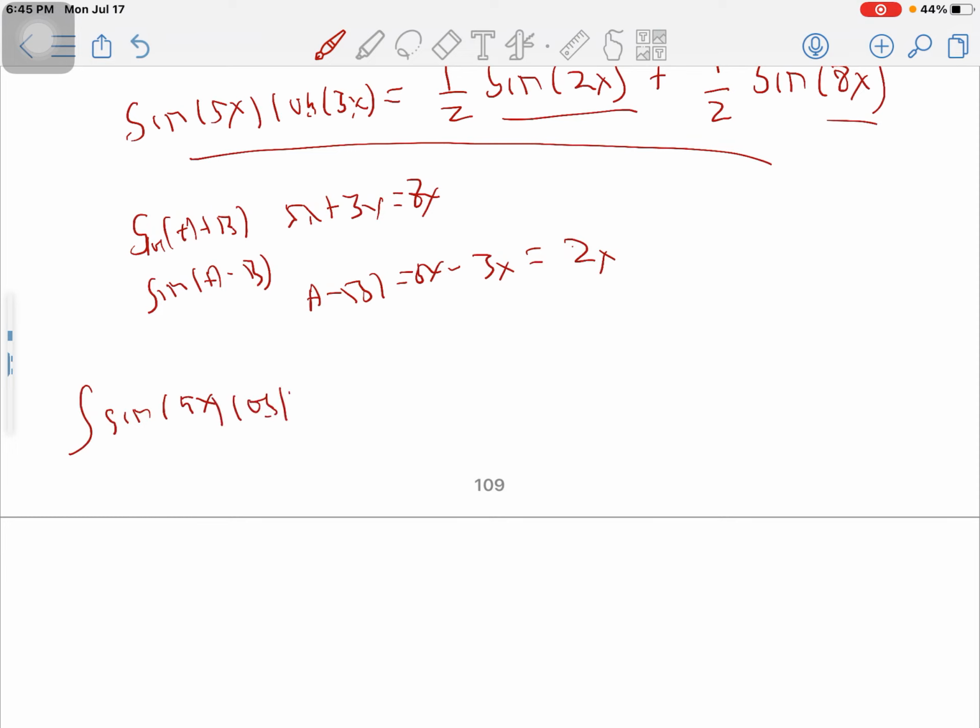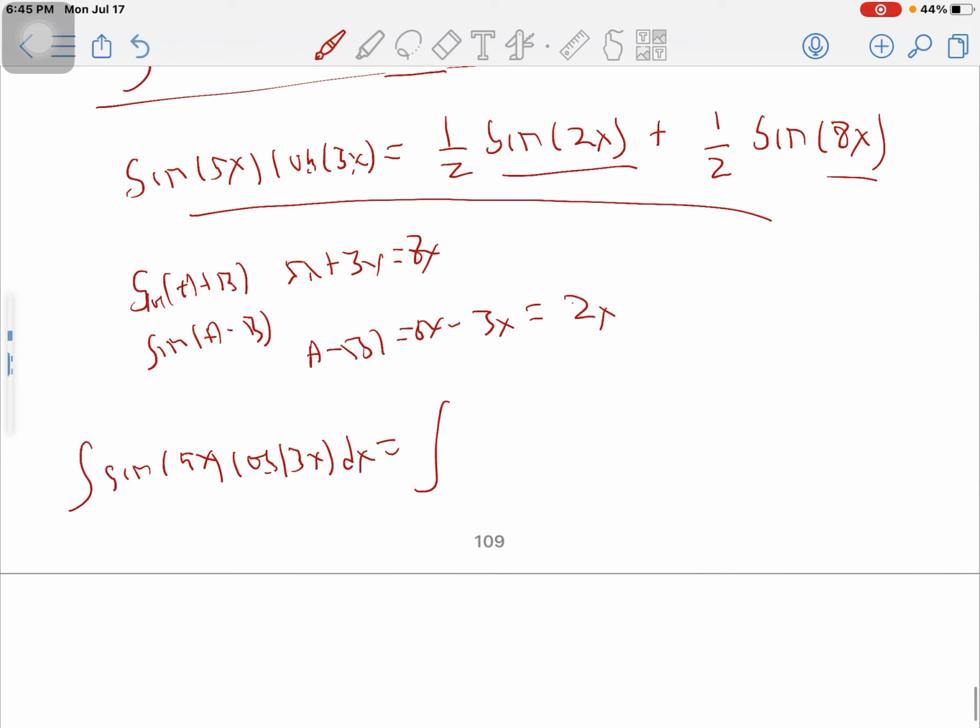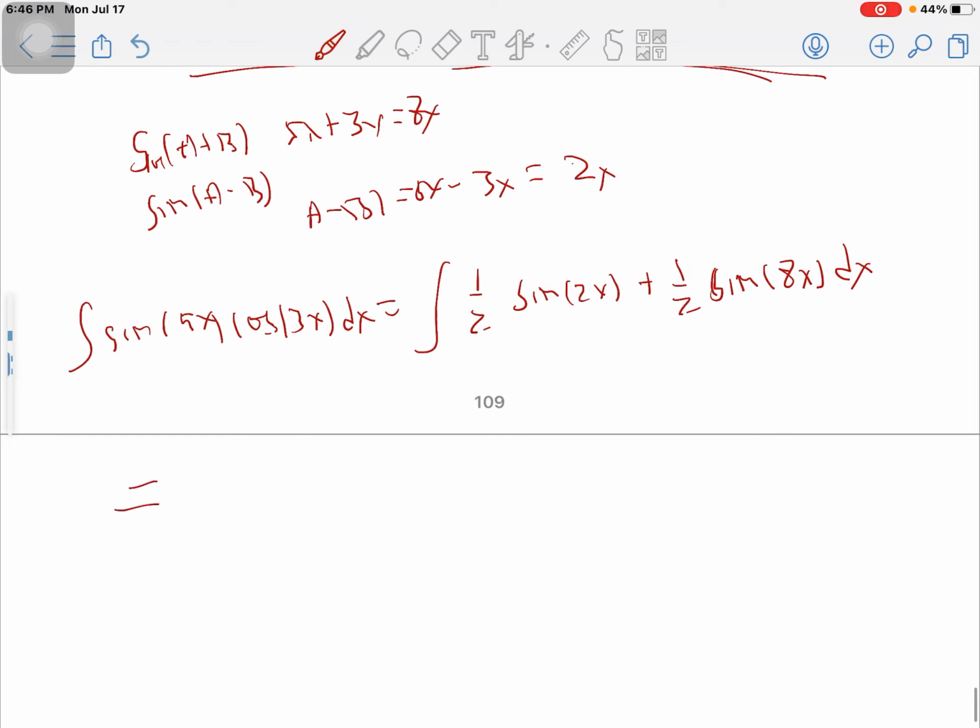You are going to say that we have the integral of sine of 5x cos of 3x dx, equal to the integral of what we have derived here, 1 over 2 sine of 2x plus 1 over 2 sine of 8x dx.